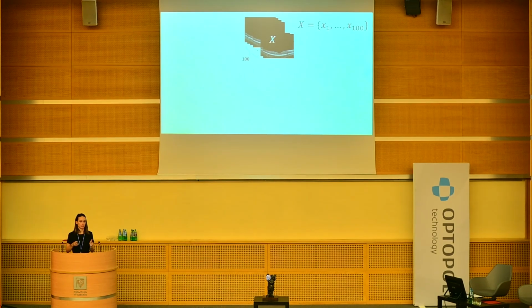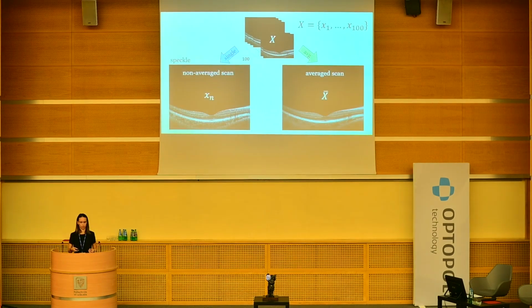Now, two ways of choosing a B-scan for segmentation can be performed. The first way is taking an element of the set X, that is a non-averaged scan that contains the information from speckle.